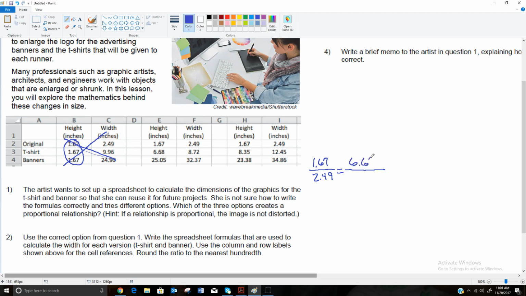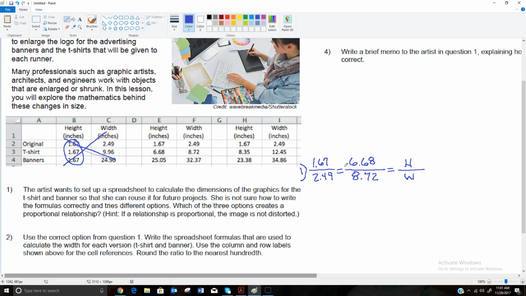Now, even writing it this way, there's a couple different ways we can look at it, but I like to write it this way first because I think it's kind of visual. So we've got 1.67 for, on both of these, we've got the height on the top and the width on the bottom. So we have a 1.67 inch height to a 2.49 width. How does that compare to a 6.68 height and an 8.72 width?